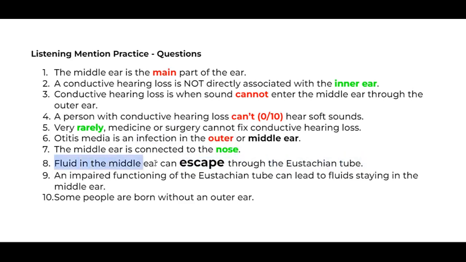So this is another can. Because of the word can, it is definitely a mentioned statement. I hope you know the number of can. Can means it is 6 out of 10. It can also be 7 out of 10, 8 out of 10, or 9 out of 10.